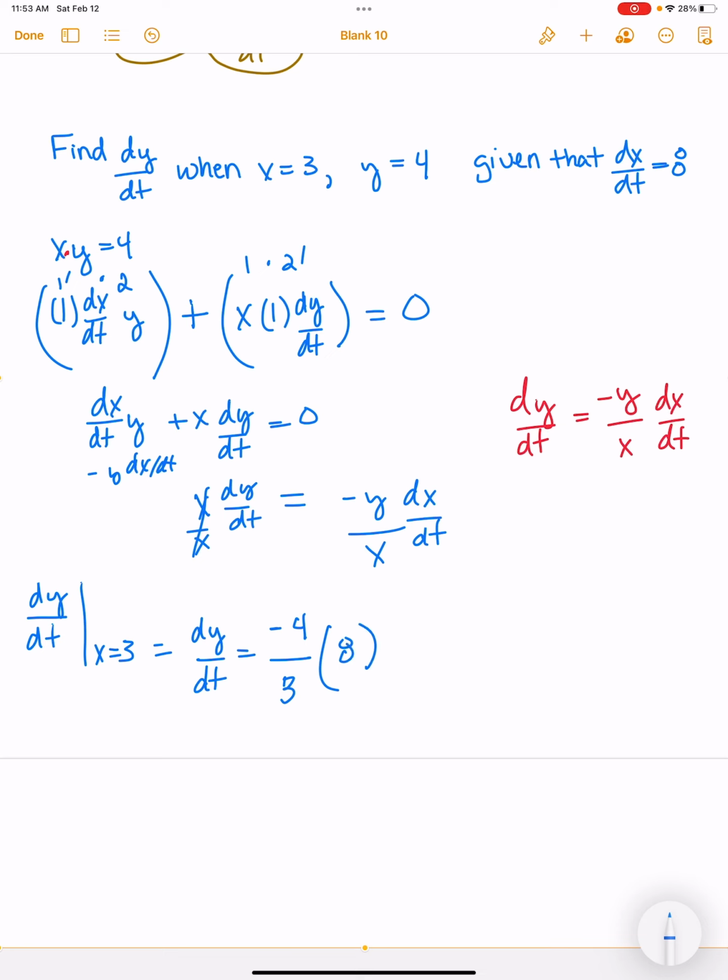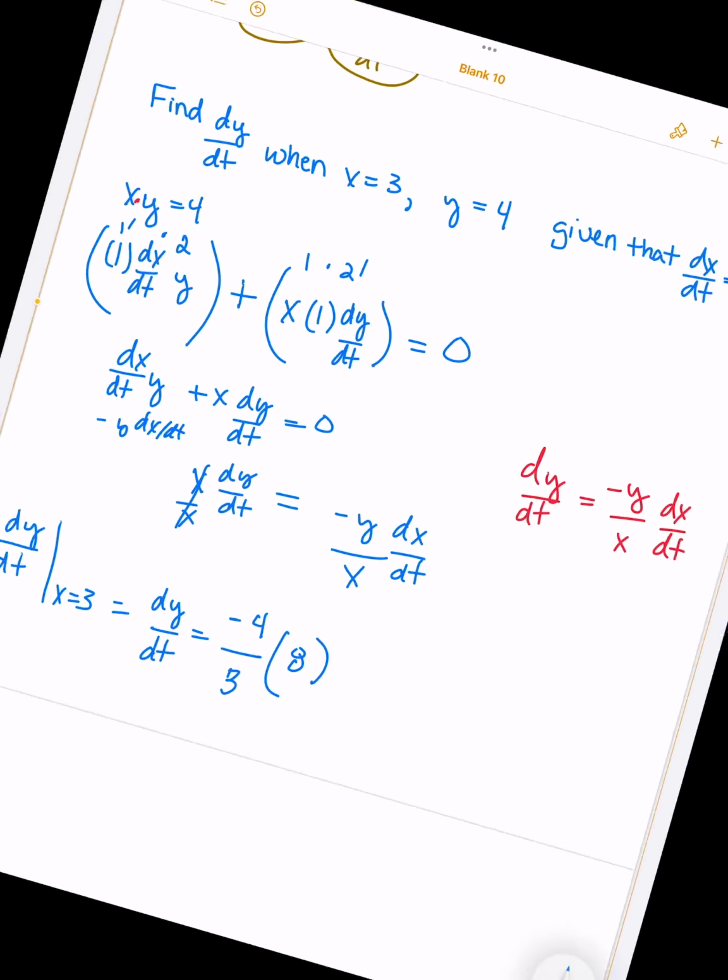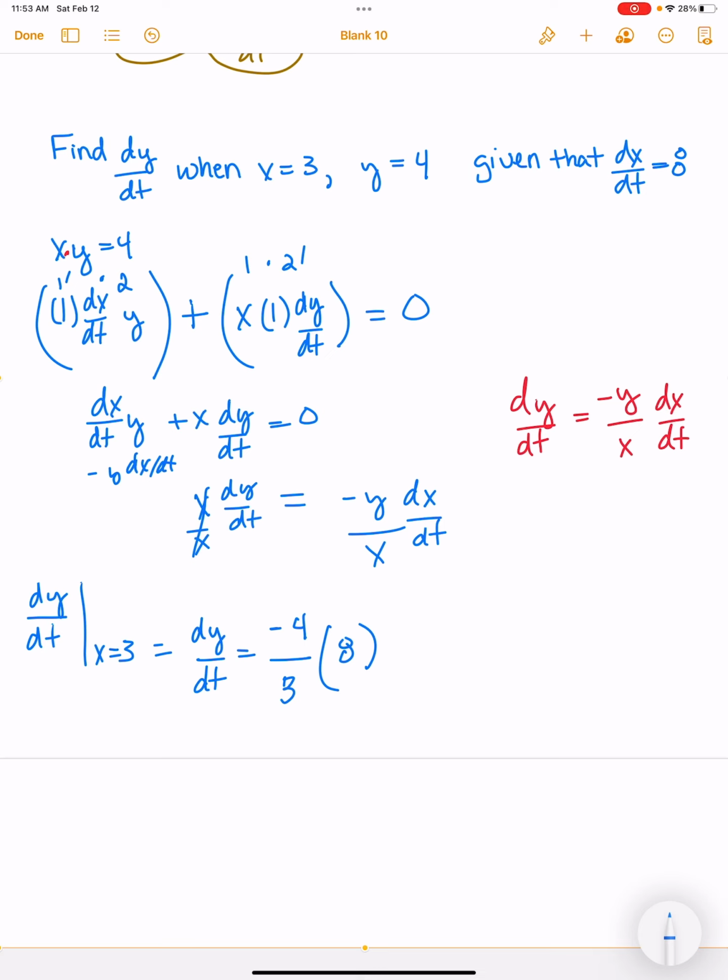I'm not sure what I did with my calculator. Oh, sitting on it. Okay. So, negative 4 divided by 3 times 8. This is going to be about negative 10.7. So that is dy/dt when x equals 3.